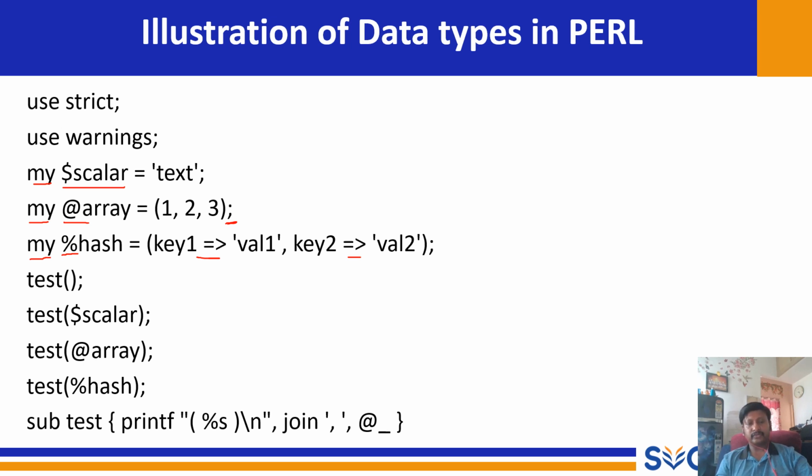Now, how can the subroutine definition be written? Always remember, you should use sub followed by the subroutine name, that is test. And whatever I mentioned, test $scalar, test at array, test percentage hash, these are subroutine calls.